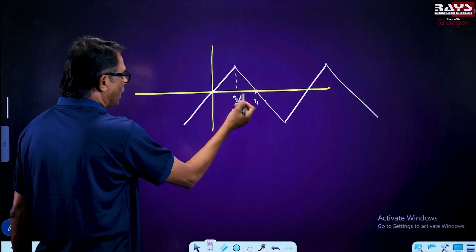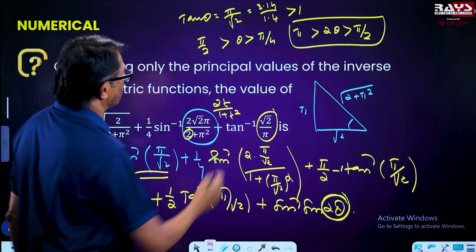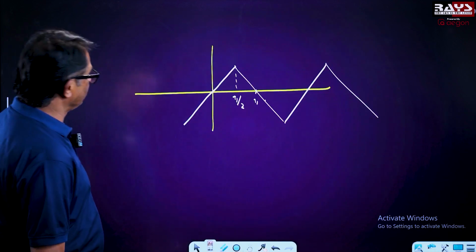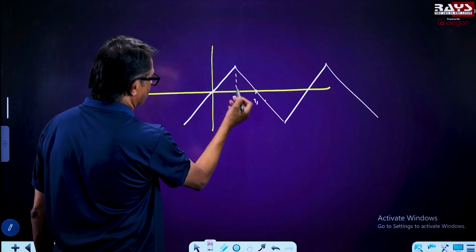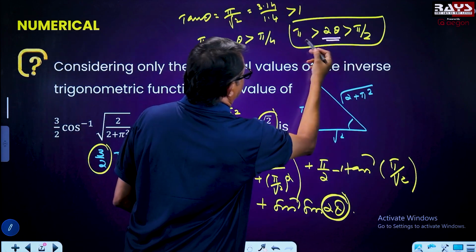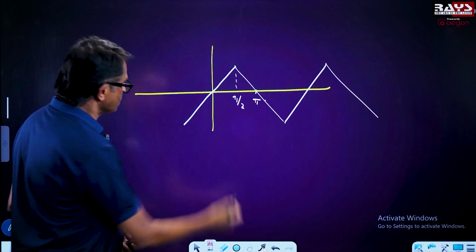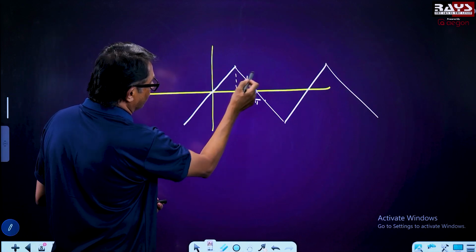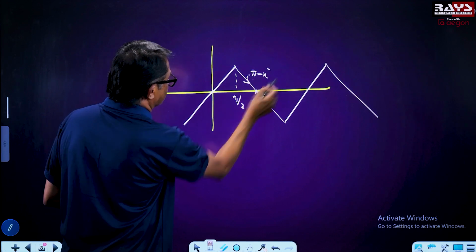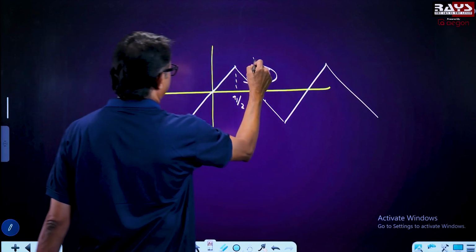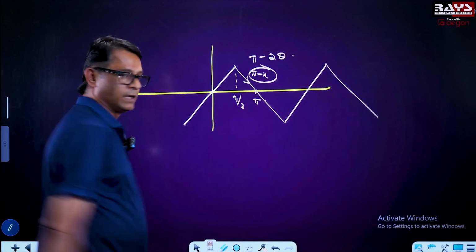Now our 2 theta is between pi by 2 and pi, so you have to consider this part of the graph. The graph is passing through pi, coming downward, so it is pi minus x. So sin inverse sin 2 theta is pi minus 2 theta.